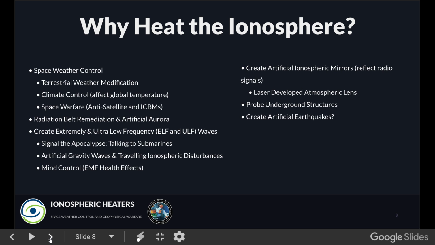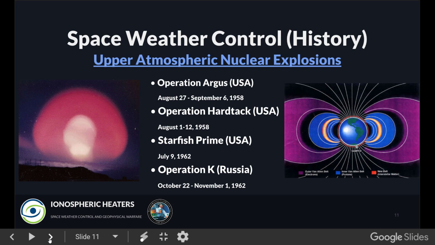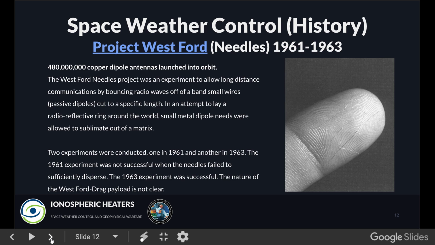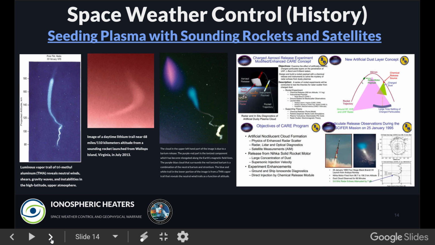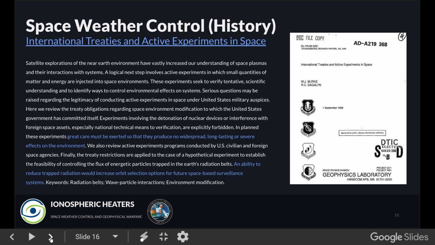Why they heat the ionosphere, space weather control, what the guy said about space weather control, blowing up, nuking the ionosphere, all that stuff, Western needles, sounding rockets, plasma seeding with sounding rockets and satellites, chemical release. This is the CRRES satellite. Barium, strontium, lithium, calcium, and sulfur hexafluoride was dumped from the CRRES satellite.